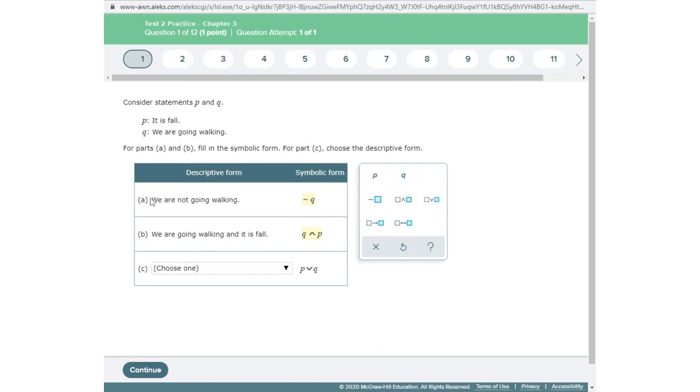Now for this one, they're going to want us to go backwards. They're giving us P or Q, which is it is fall or we are going walking. And there's really only one on there. Well, it could be one of these two, but this one says not fall, and there's no negation in here, so we're going to use the first one. Make sense?